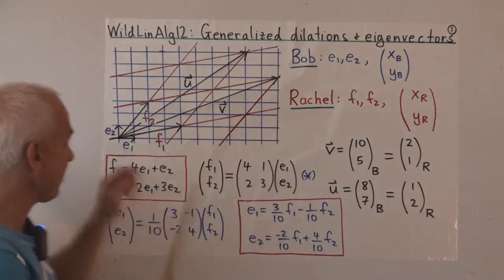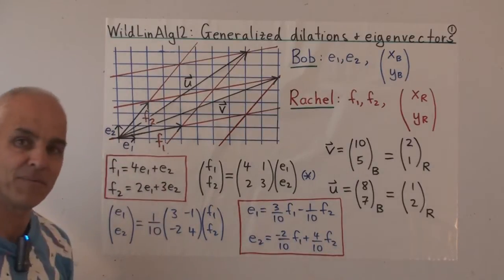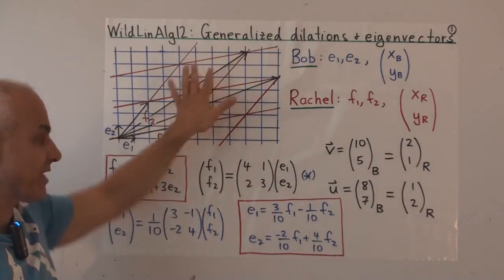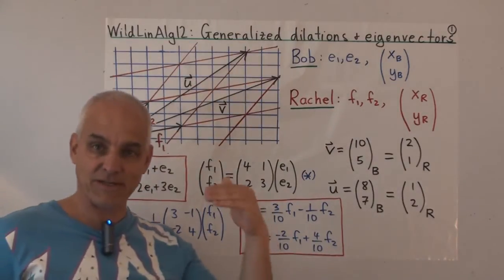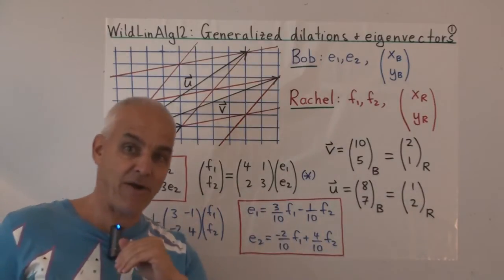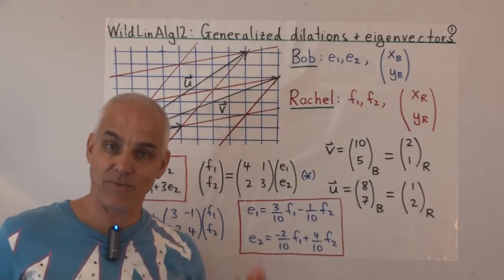Similarly, Rachel measures everything in terms of her basis vectors, which are f1 and f2. She measures vectors with respect to f1 and f2, and she also measures linear transformations with respect to f1 and f2. And what we want to do is compare how Bob's and Rachel's measurements are related to each other.